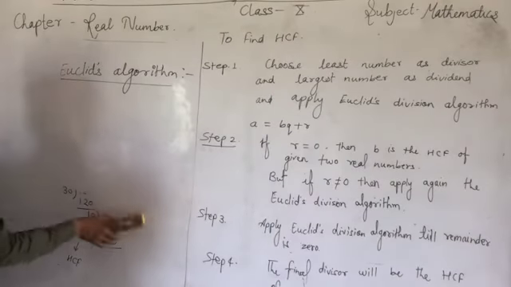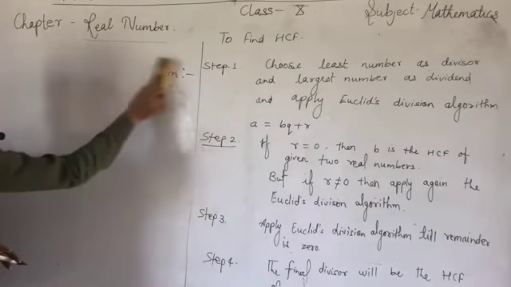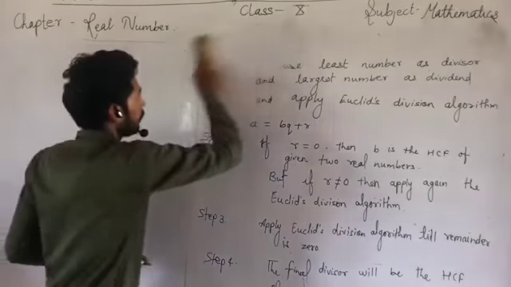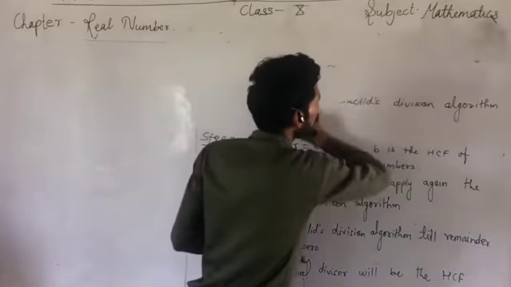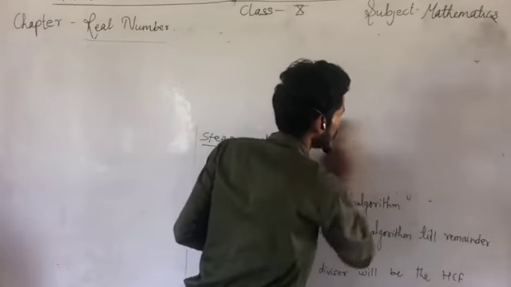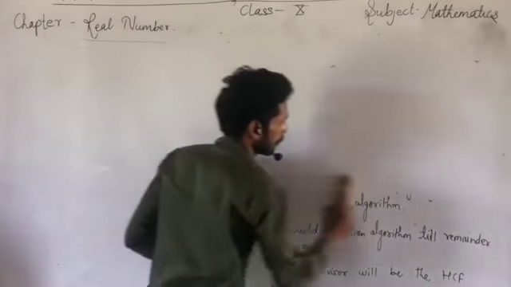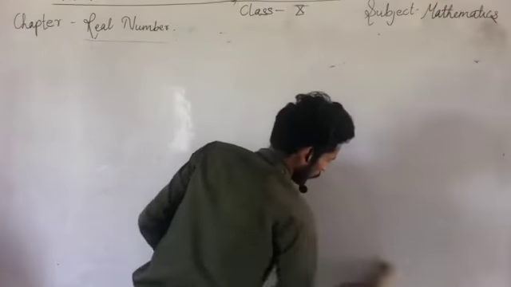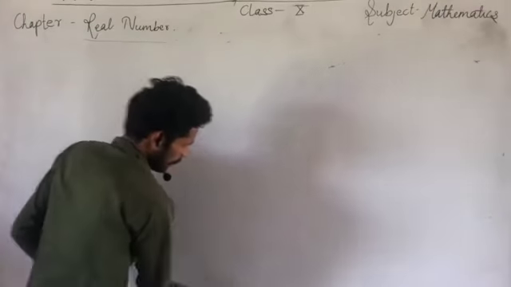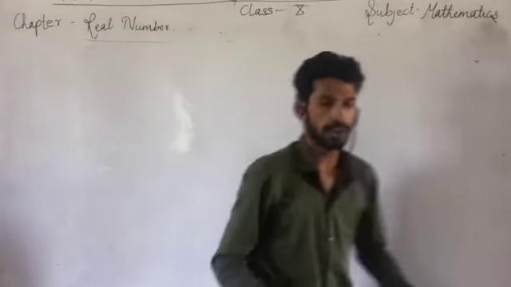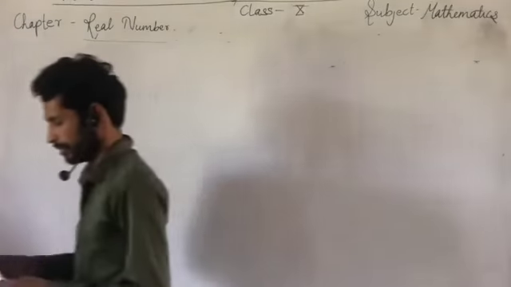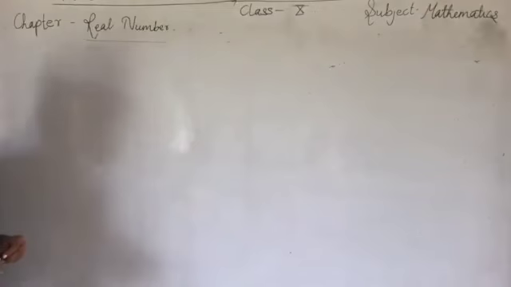After Euclid's division algorithm, these processes can be used to solve a unique type of problems, like proving positive integers, proving negative integers.